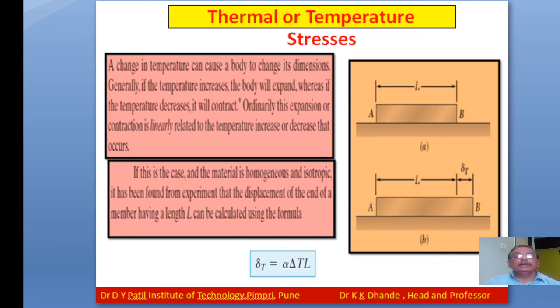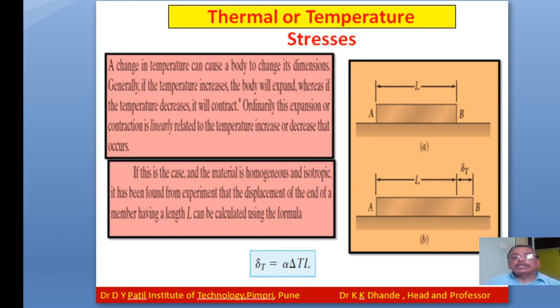Here we have seen one example. AB is the bar. We are supplying the heat. Its length is L, and after heating, the material expands by delta. So the deformation delta is equal to alpha into delta T into L.